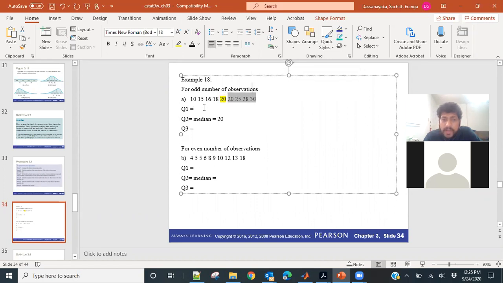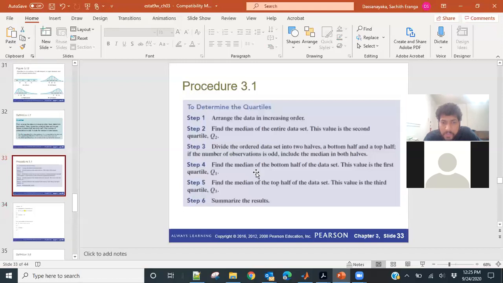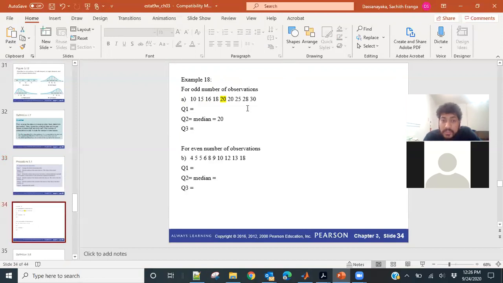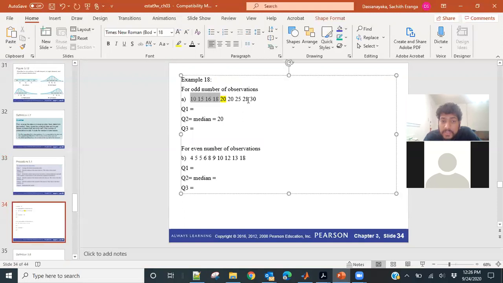You can find Q1 using this half, by finding the median in this half. They have mentioned how we find the median of those halves. If the number of observations is odd, include the median in both halves. So here your number of observations is odd.